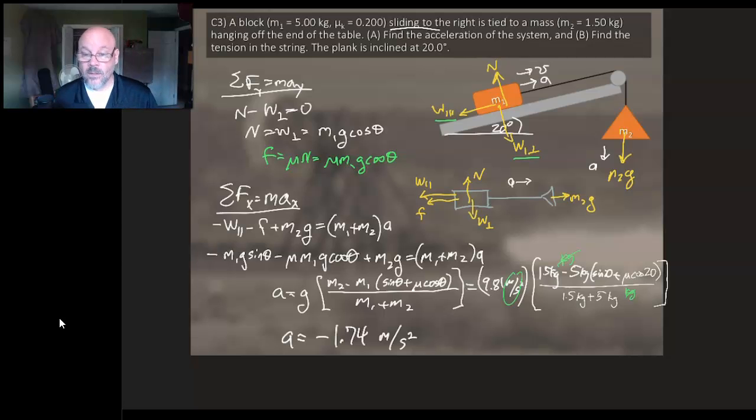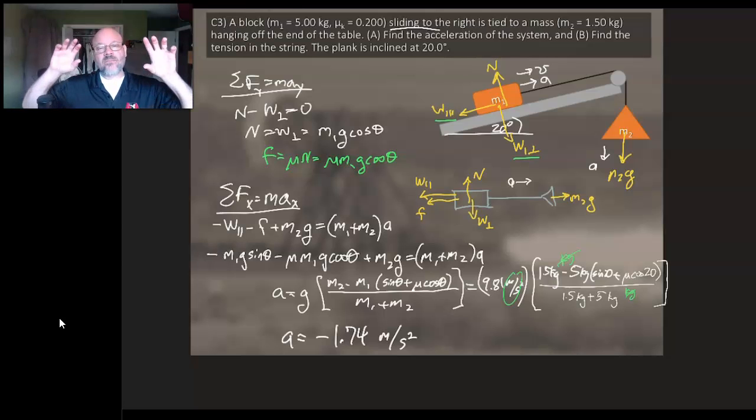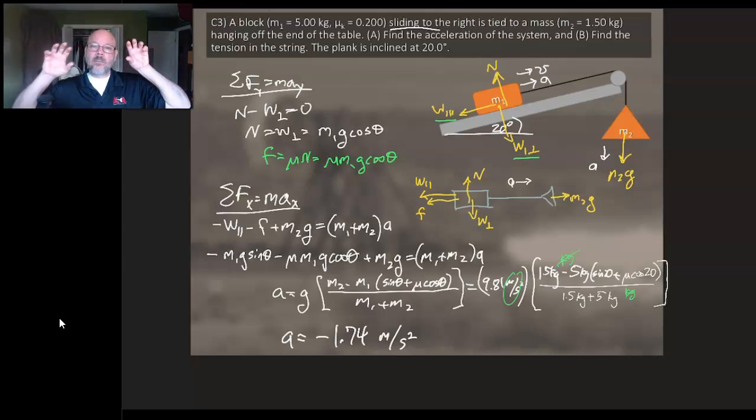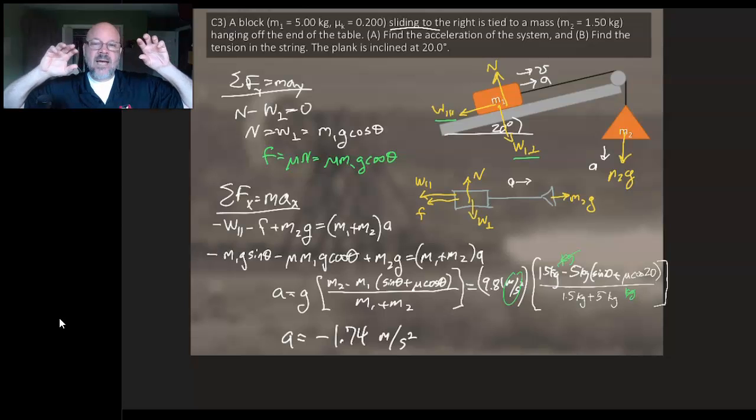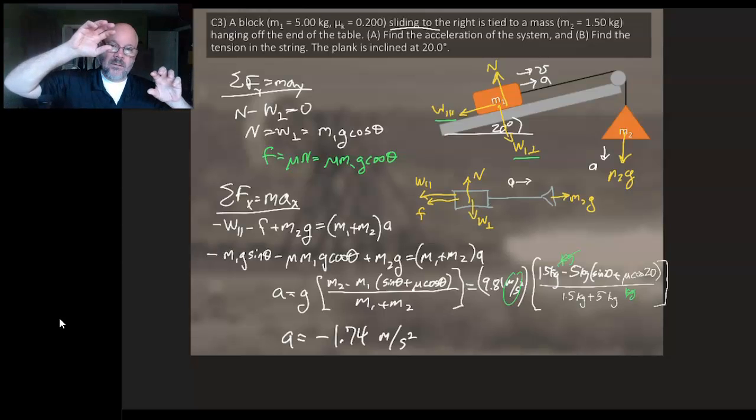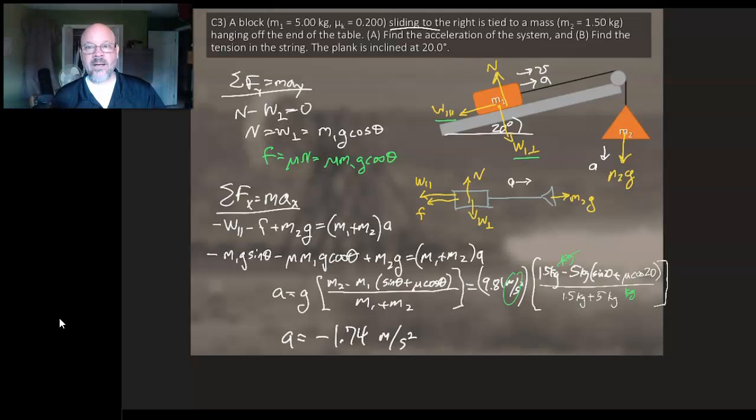So what does that mean? We defined positive a for the system to be going like this, and it's moving that way. What we find out, though, is that it's not speeding up. It's actually slowing down as it goes up the ramp.